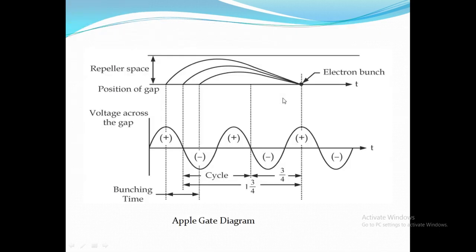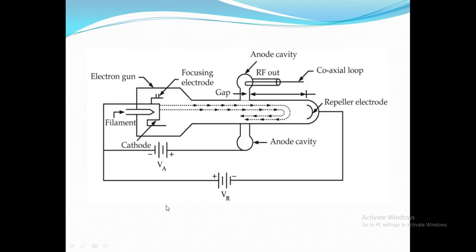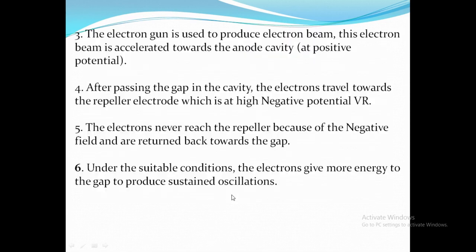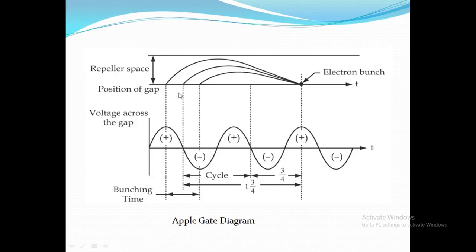Coming to the operation, sustained oscillations are produced by the reflex Klystron. Using the Applegate diagram, first the RF voltage produced across the gap by the cavity oscillations acts on the electron beam to cause velocity modulation.